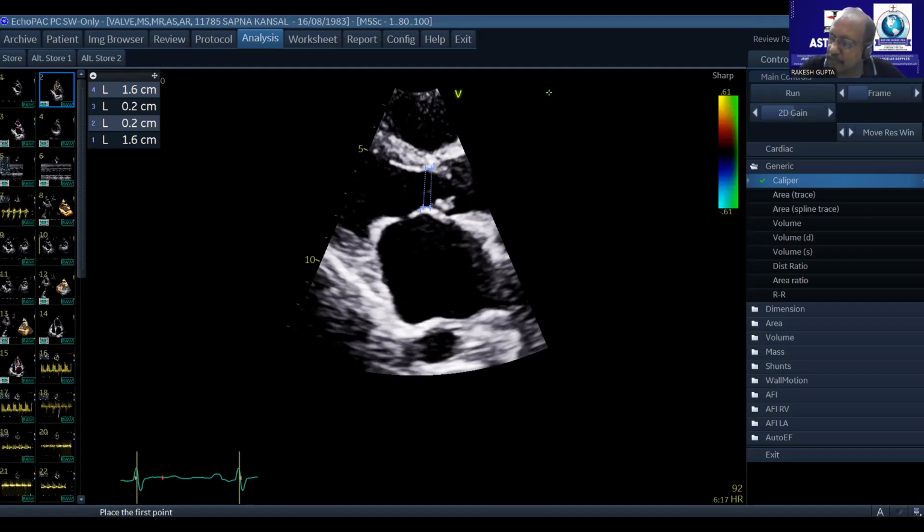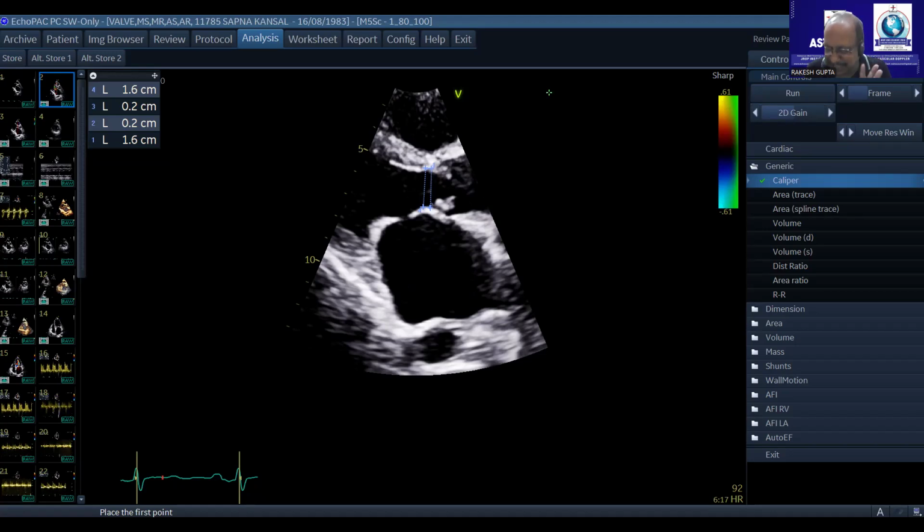Sir, 0.801. So fast! How did you do it, Ravi? It is 0.8, sir. Pi r square. Let her speak. Sir, 1.6 divided by 2 gives 0.8, the radius, into 3.14.